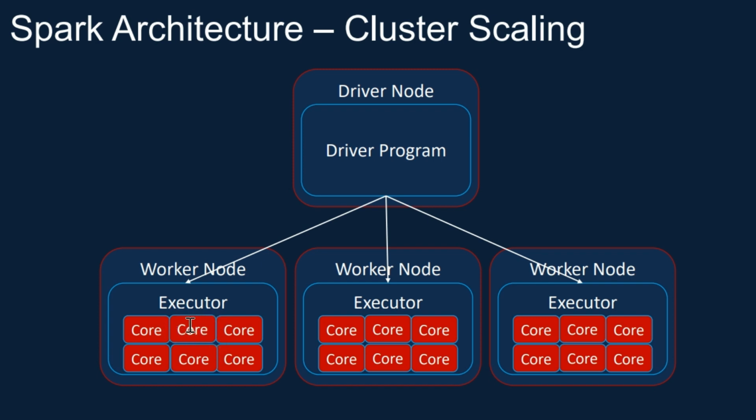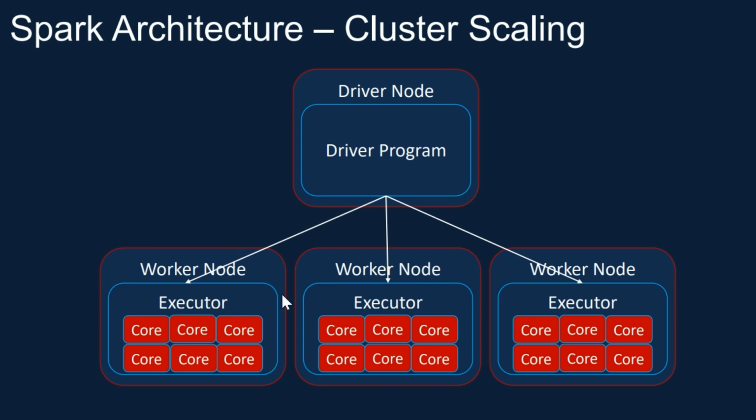In the previous slide we had two cores in the executor, but in this case you have added one more core to the executor. According to the data processing requirement, you can add cores to the worker node. This is how vertical scaling works.